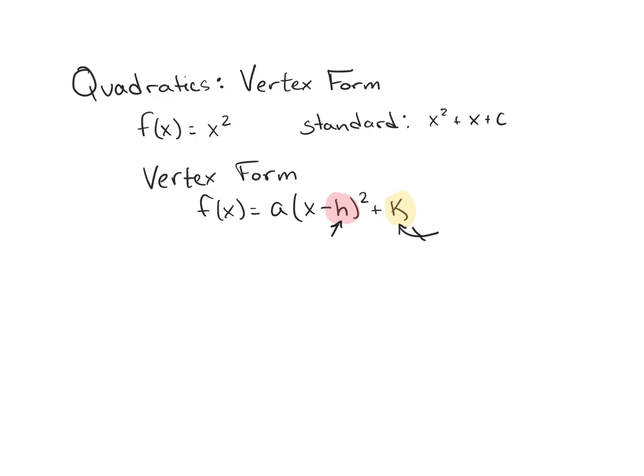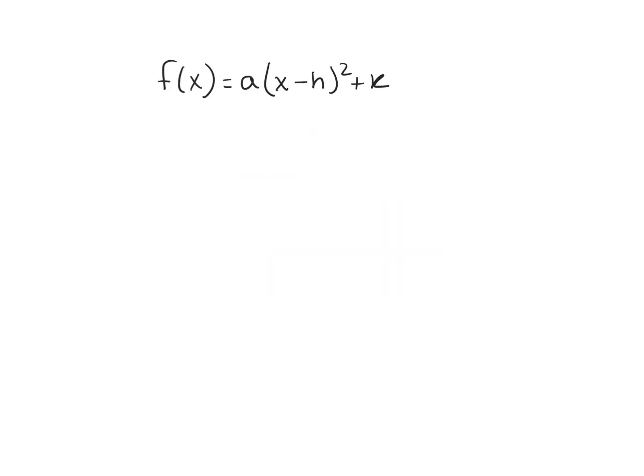And again, the big bonus here is that it actually gives us the vertex of our parabola. This means that we can automatically take our h value, our horizontal movement, and plug it in right there as our x value in our vertex, and our vertical movement, our k value, becomes our y value in our vertex. So again, just a quick recap from our transformations of functions unit. This a value here, this value outside the parentheses, tells us how much our graph has been either stretched or compressed.